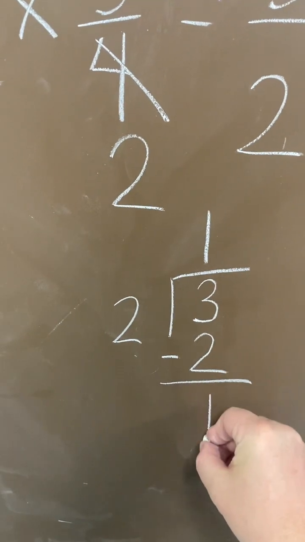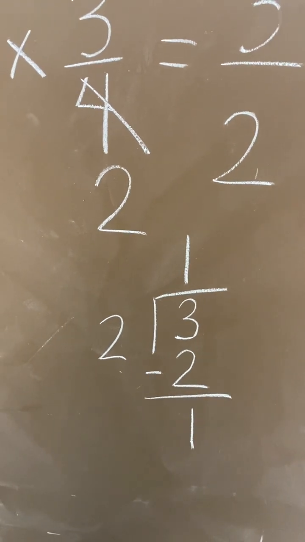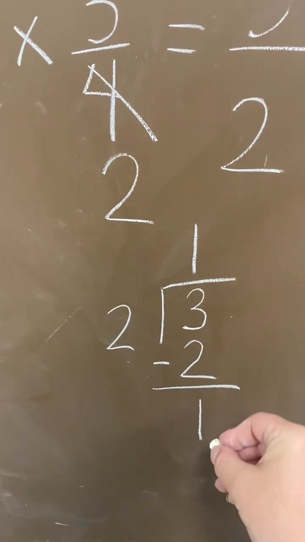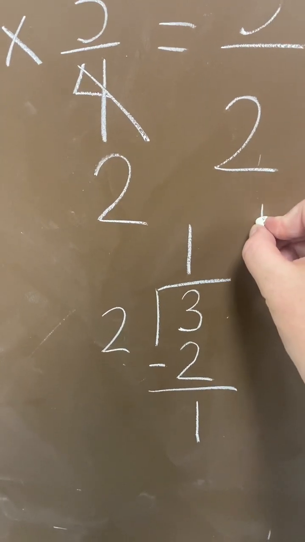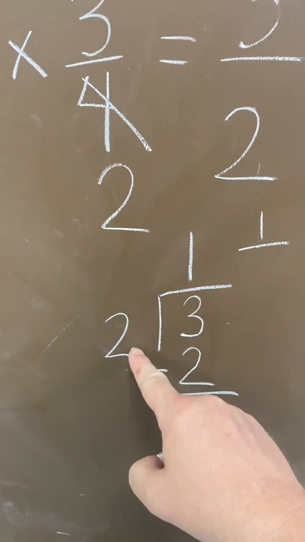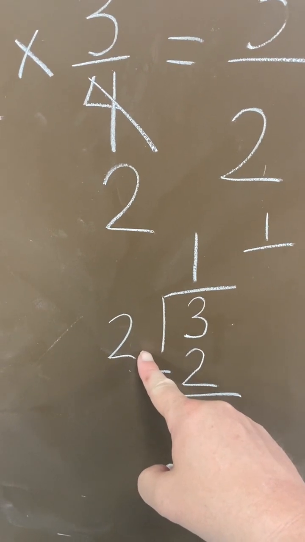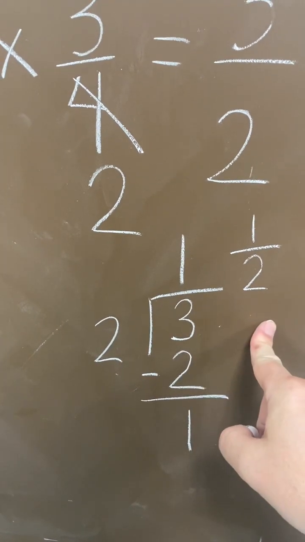Subtract, 1 is left over. Is there anything to bring down? No, so this is our remainder. Write the remainder as a fraction. 1 is left over, and our denominator is the 2, the divisor, what's outside the box. And our answer is 1 1/2.